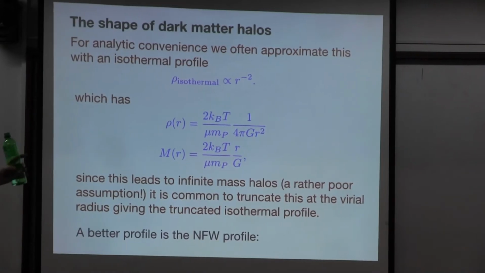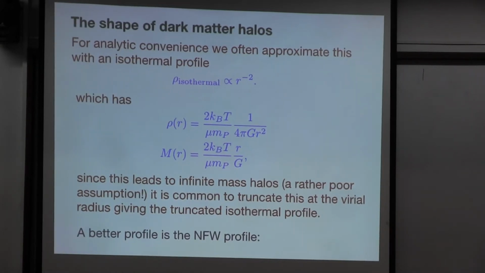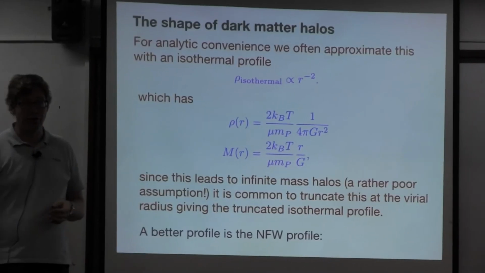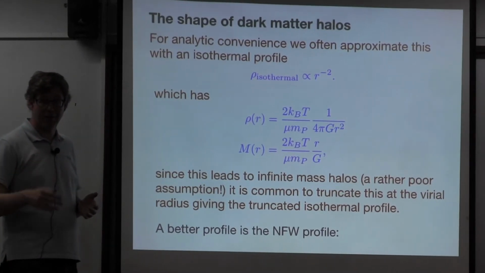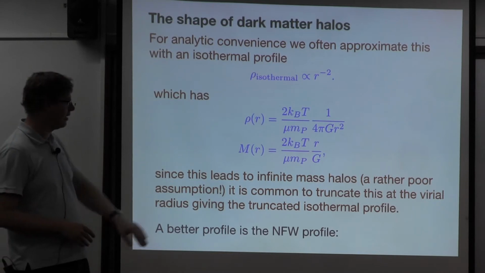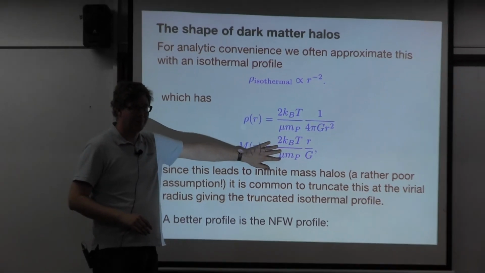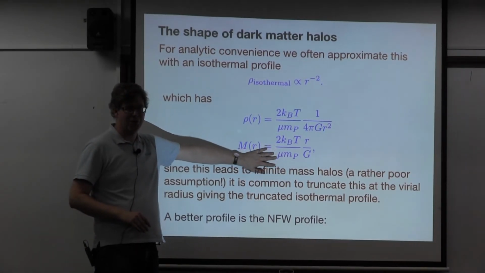If you look at the mass relation in particular, it goes proportional to r. So the mass of this halo would never converge. The larger the r I take, the larger the mass. Eventually my halo would take the entire universe. So it's not a very useful function to use.